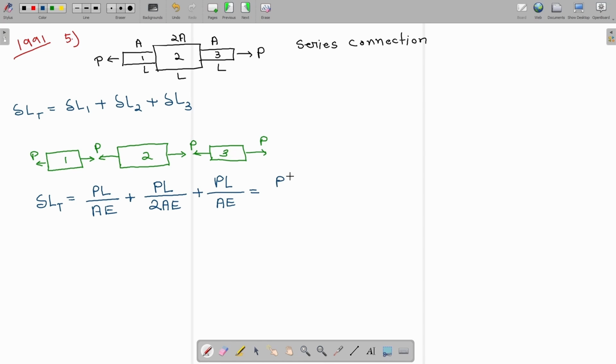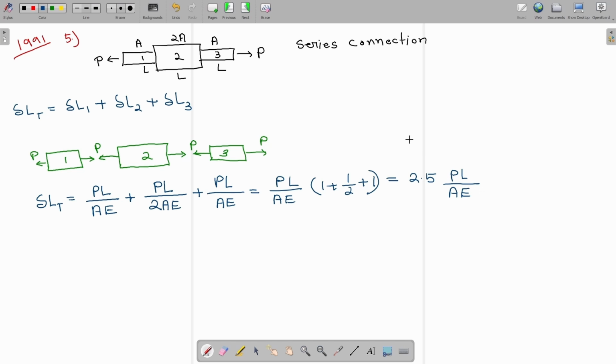Therefore, if we take PL by AE common, 1 plus half plus 1, the answer comes out to be 2.5 PL by AE.